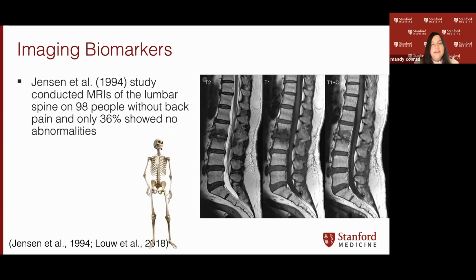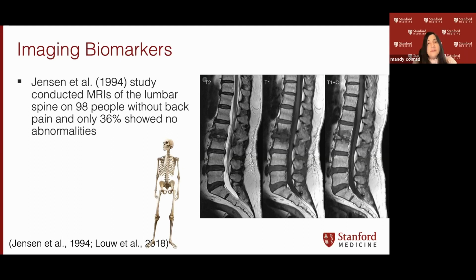And ironically, what they discovered is that 2/3 of the asymptomatic population actually had bulging discs and protrusions. And so it challenged our assumptions: is the presence of these a coincidence, or can you have these abnormalities detected, but not actually have pain accompany it?